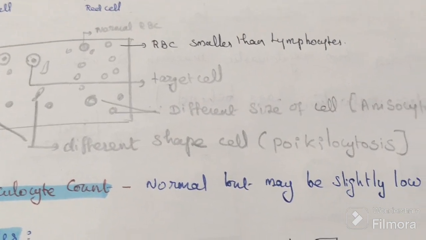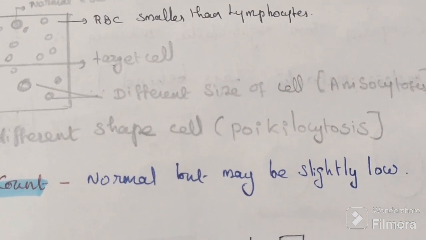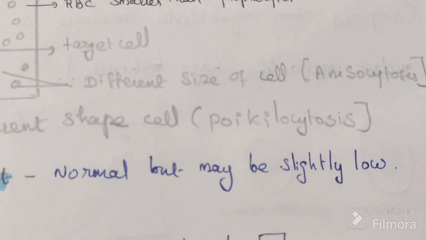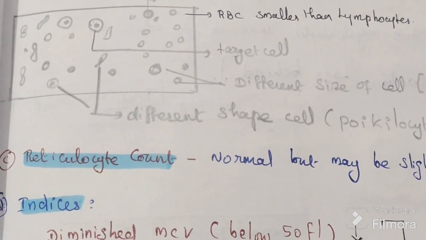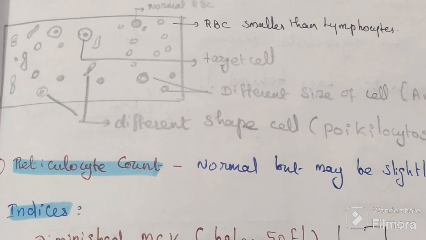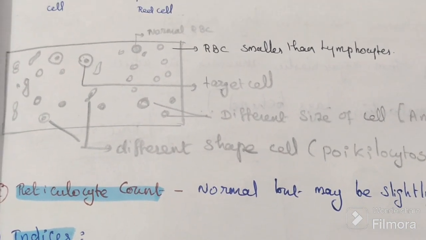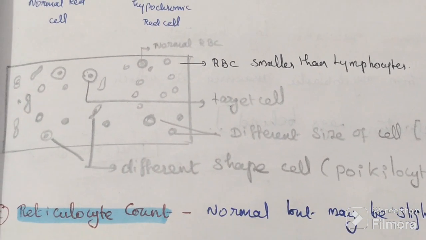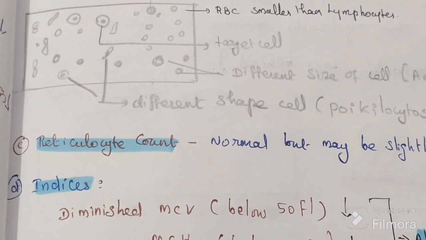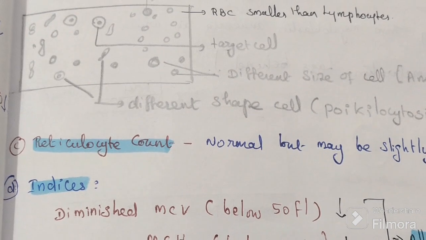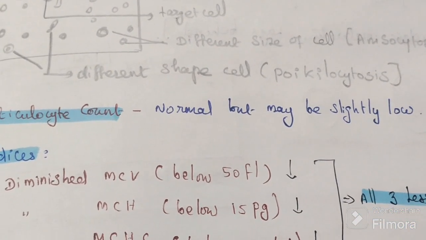This is called poikilocytosis. So anisocytosis and poikilocytosis along with target cells. Then the reticulocyte count is normal but maybe slightly low.